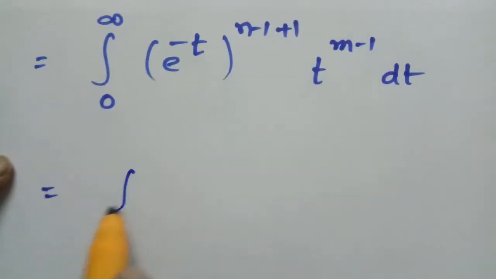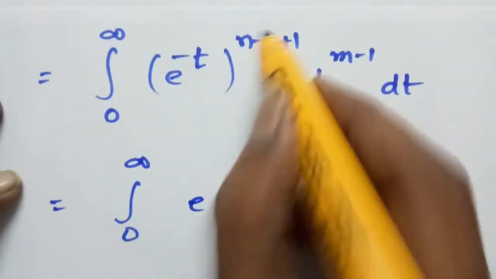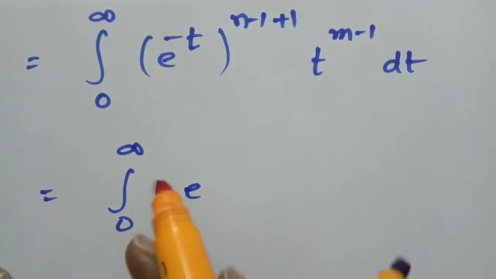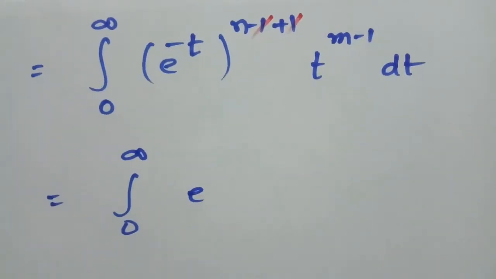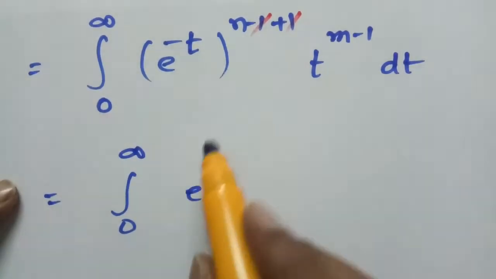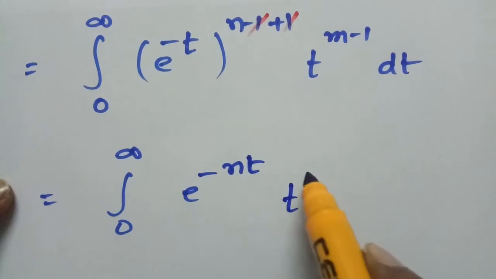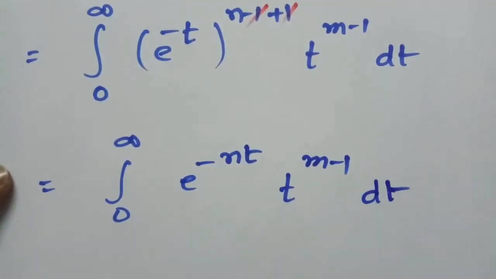Therefore, the integral from 0 to infinity of e power, here minus 1 plus 1 gets cancelled, so e to the power of minus n t into t to the power of m minus 1 dt.